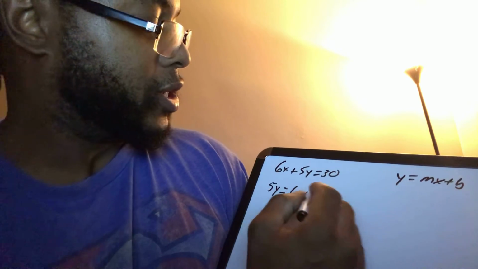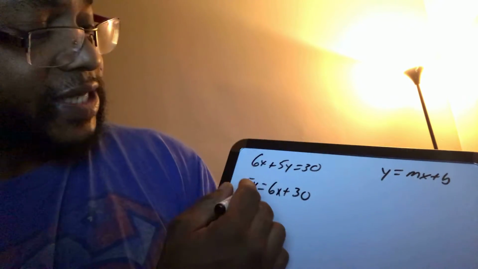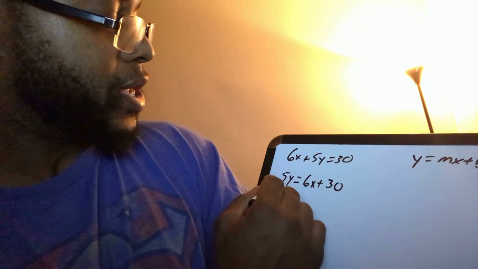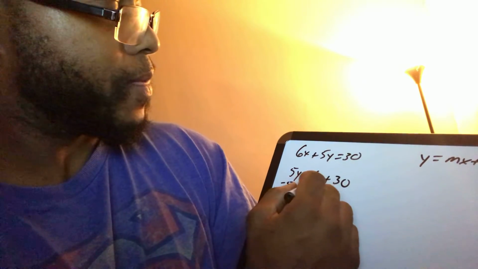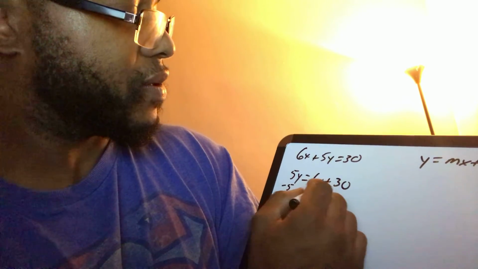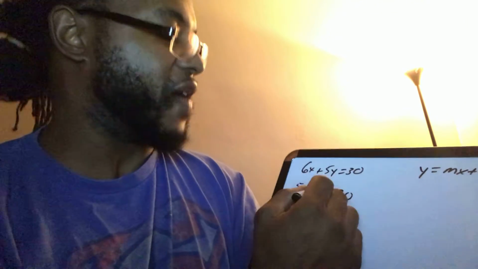All right. So what we need to do now is get y by itself. So we're going to divide by negative 5 across the board.